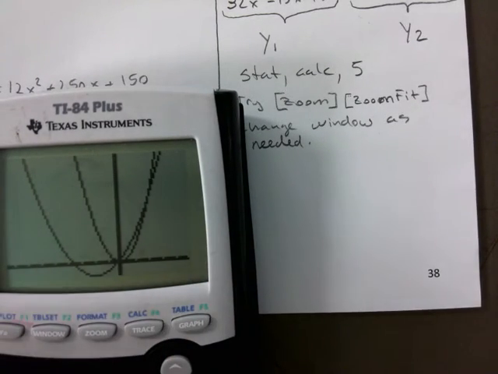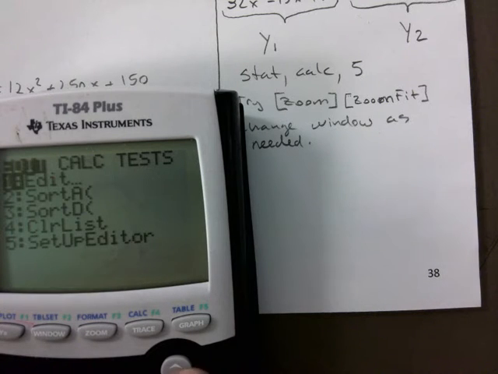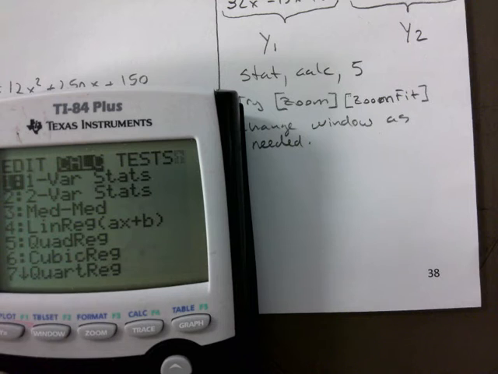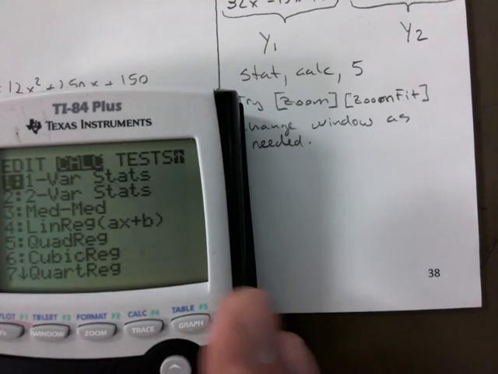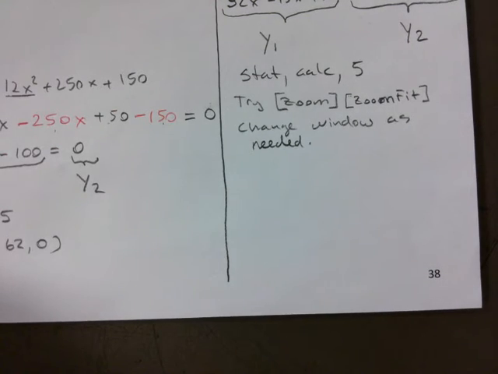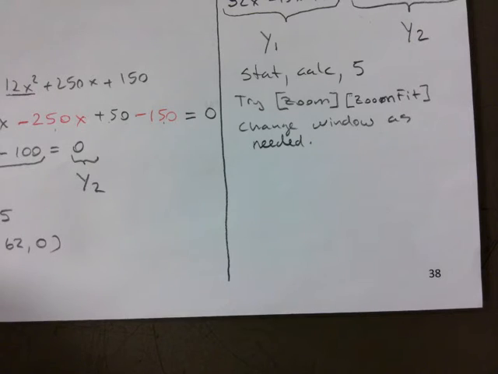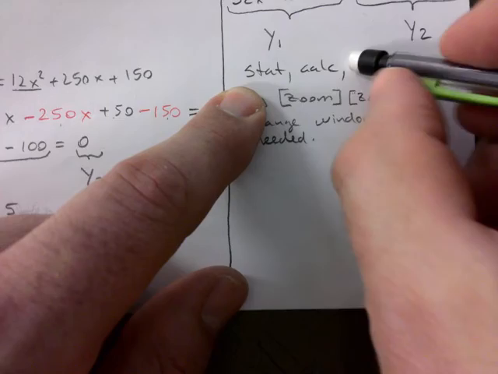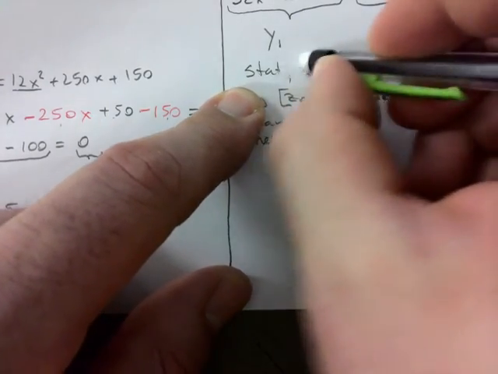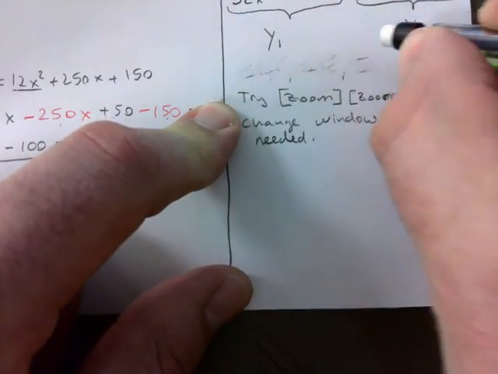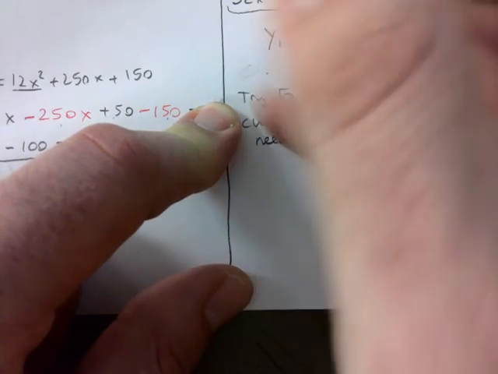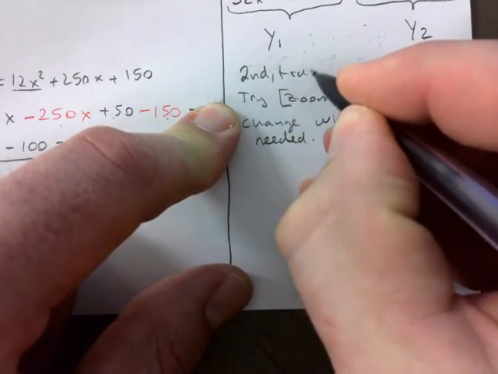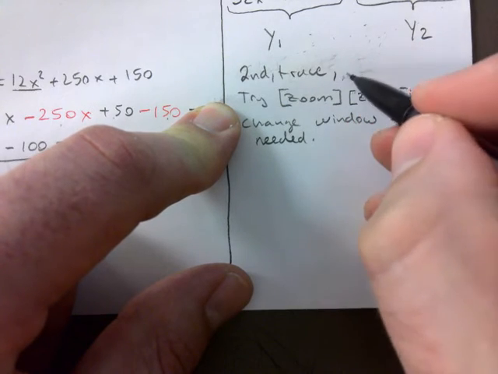So now let's go stat, calculate. No, sorry. Second. I just noticed that I was misleading you. Can you change the stat calc? I was completely off. I meant to say second trace intersect, right?